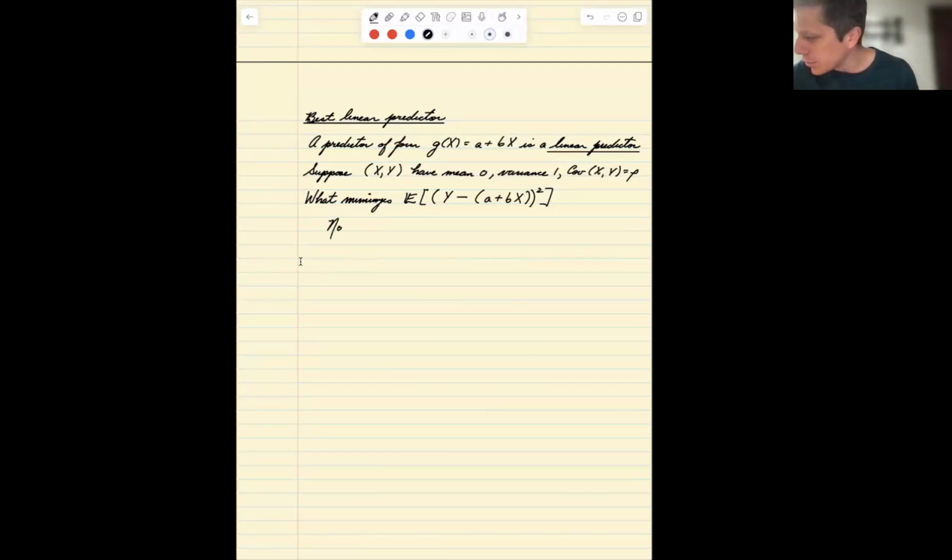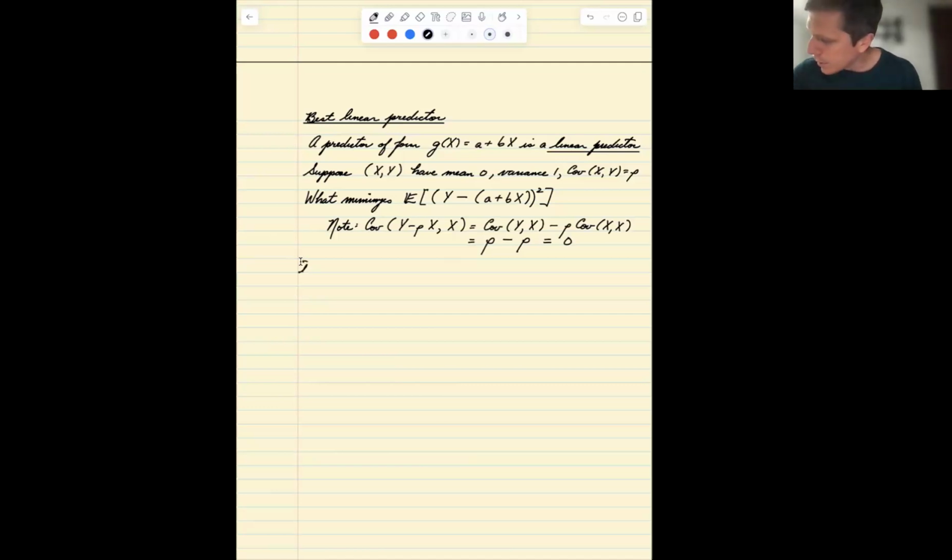And let's note, just before we do this, that the covariance of Y minus rho X with X is the covariance of Y and X minus rho times the covariance of X with X. The covariance of Y and X is rho, and the variance of X is 1, so this is actually 0.